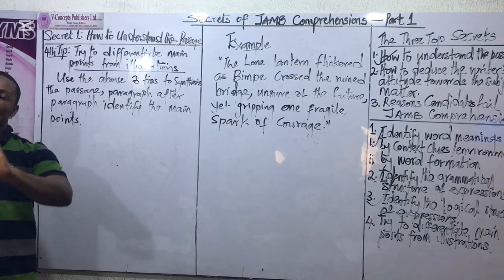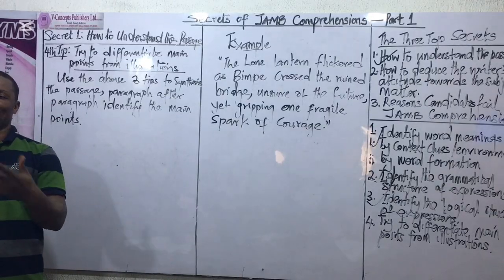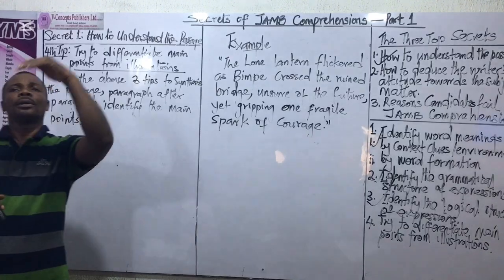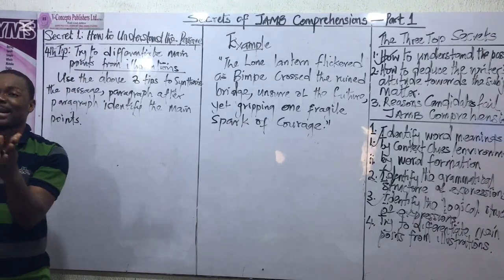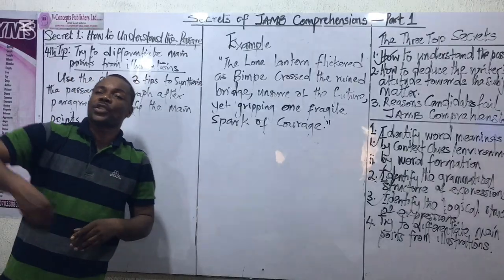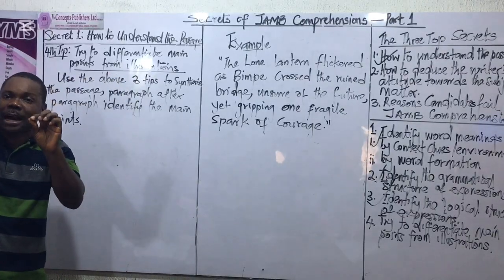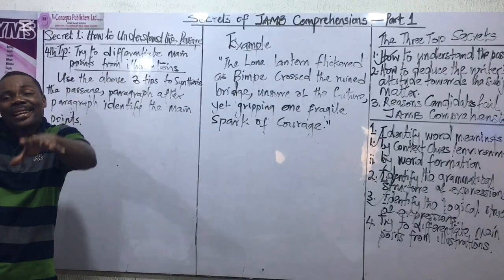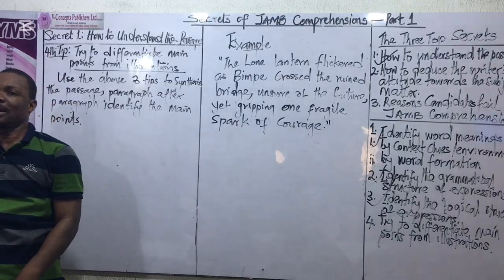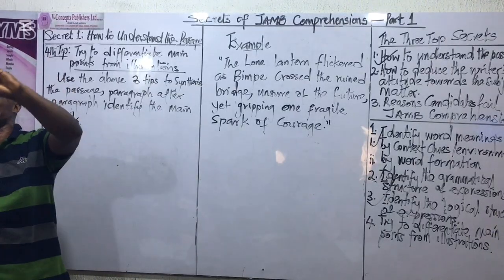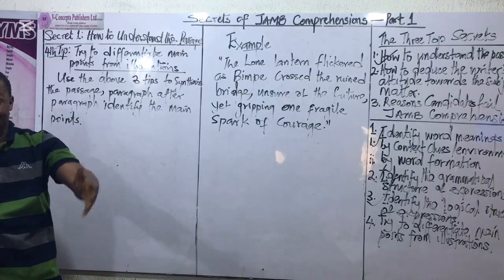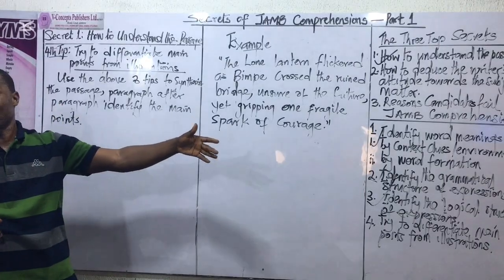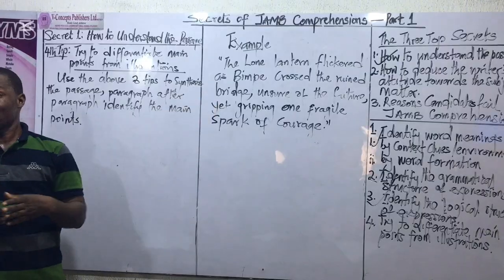Each paragraph has a main point, and then it has illustrations. Now, the 3 or 4 paragraphs that I give to you, you have to synthesize them or bring them together and try to identify the major paragraph that encompasses the rest of the paragraphs. And it is that one that will help you to identify the subject matter of the passage. From there you get your theme, and that is what we shall be discussing in our second episode of this series.